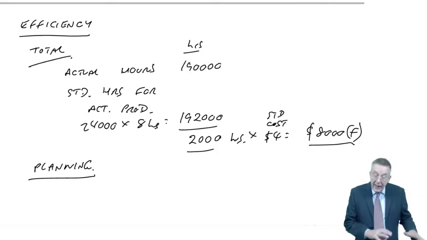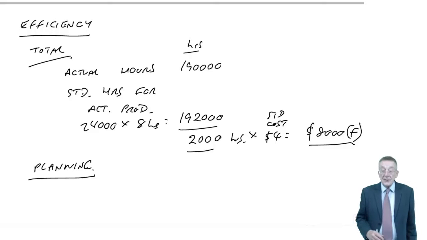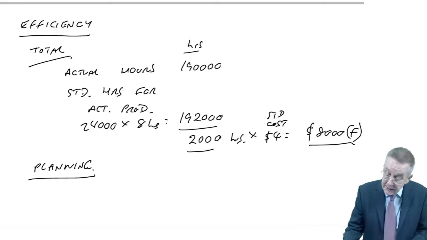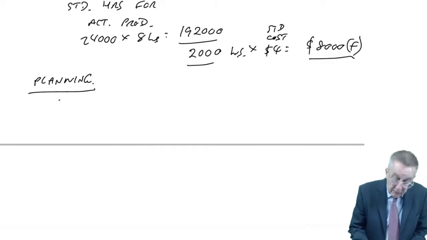We'll compare the revised hours, standard hours, with the original standard hours. For operational, we'll compare the actual hours with the revised. So, planning variance, revised standard hours for actual production.